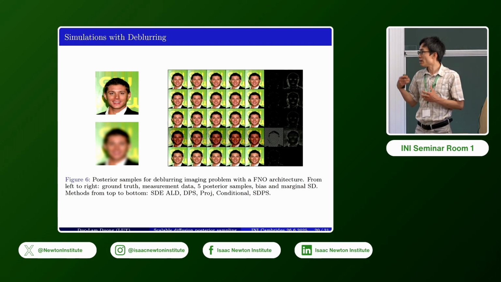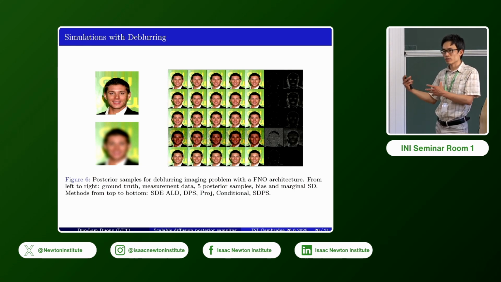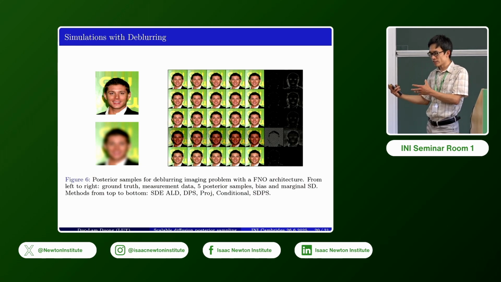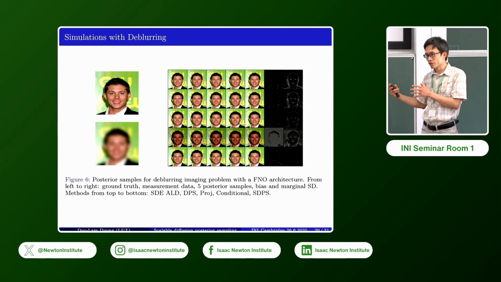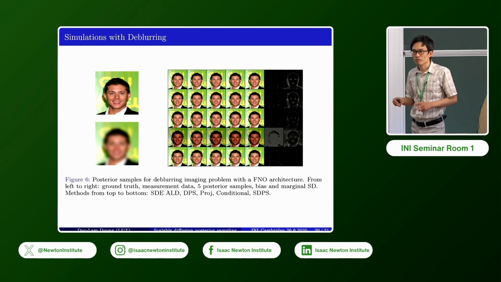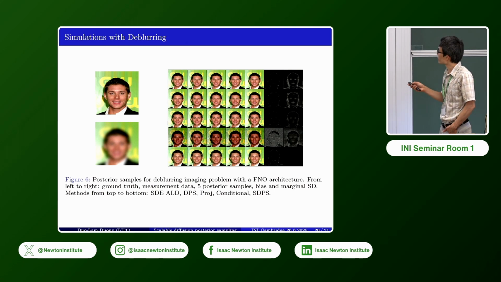If you have a problem like that, you can try to apply this method, because we formulate it in a way that we can shift all the computational cost of this forward map evaluation into training, so that you can do sampling quite quickly with this method.